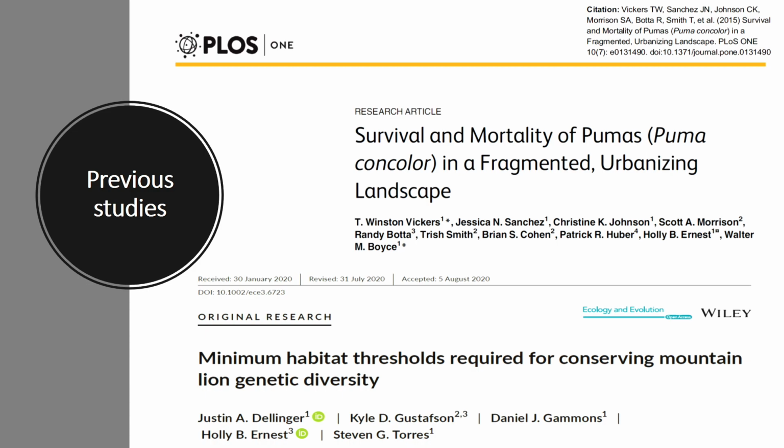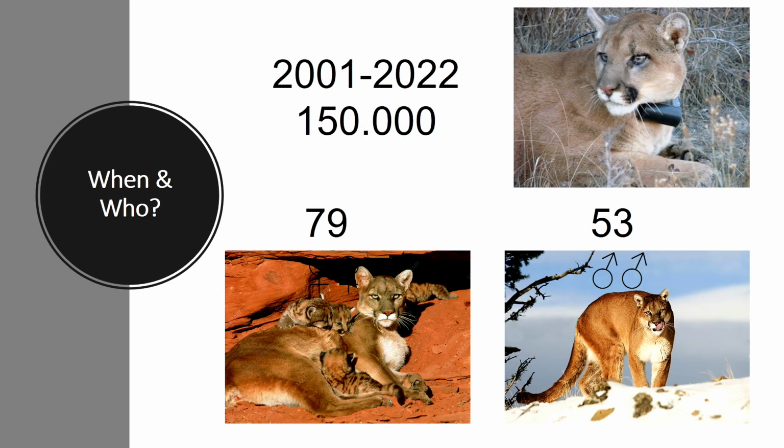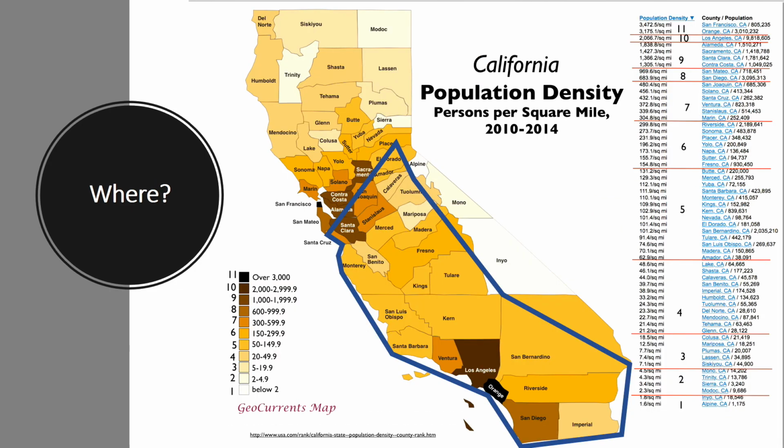So, based on a previous study from my team members in California, I took advantage of a set of radiocollar locations of pumas from 2001 to 2022 that accounts for around 150,000 locations of 79 females and 53 males. The study area is central and coastal California.